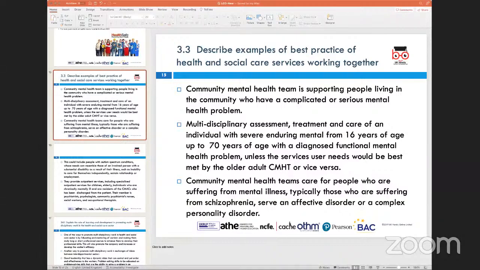If not, then let's look at one of the bits that I had picked up in the legislation when we talked about safeguarding. We talked about the multi-agency safeguarding hubs or safeguarding boards which are formed.